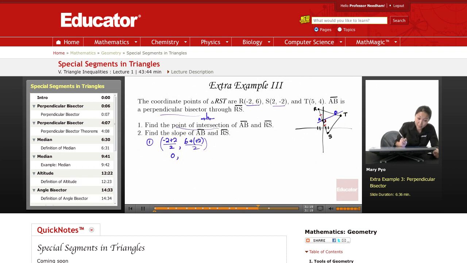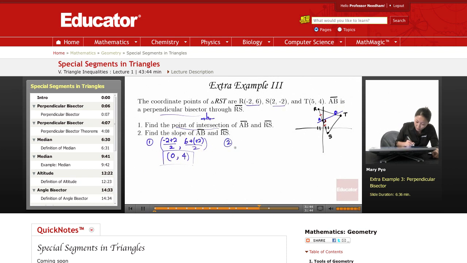The minus negative becomes a plus, so 6 plus 2 is 8. 8 divided by 2 is 4. So then, number 1, the point of intersection would be 0, 4. And the reason why I did midpoint is because that's where they intersect. They intersect at the midpoint of RS. So that's my answer. That's the point of intersection.